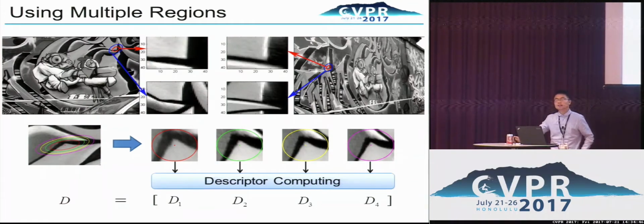However, it is less likely for them to have similar local patches at various sizes, as shown in the middle figure here. As a result, we simply use multiple support regions to compute descriptors and then concatenate them together to form the final descriptor.